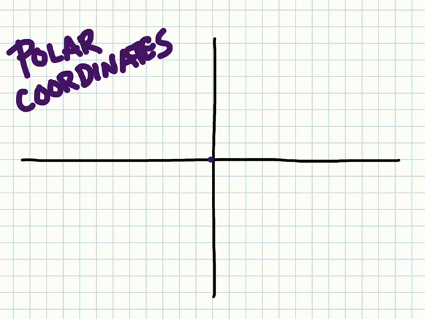You could instead decide to describe where you are in the following way. Let's suppose that right at the origin there's some nice reference monument, some sort of spire or something. You could say, well, I happen to be r units away from the center of town. So that distance is r.